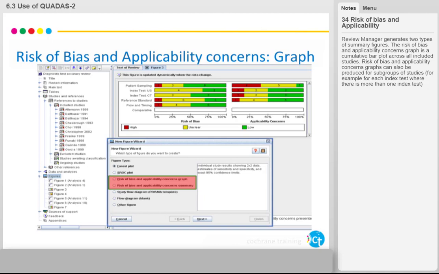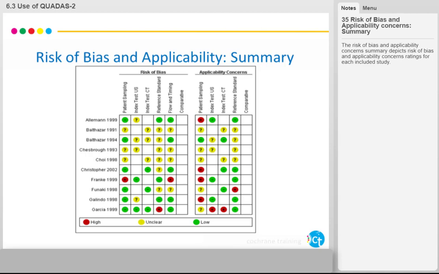Risk of bias and applicability concerns graphs can also be produced for subgroups of studies, for example for each index test where there is more than one index test in a review. The risk of bias and applicability concerns summary depicts risk of bias and applicability concerns ratings for each included study.